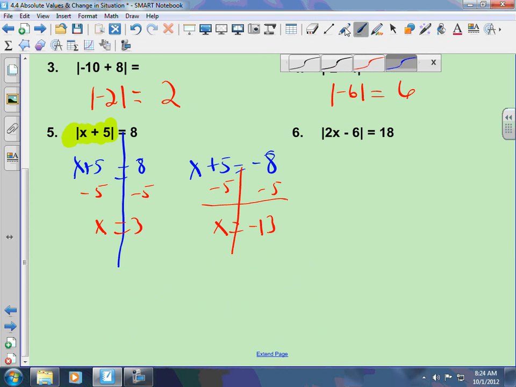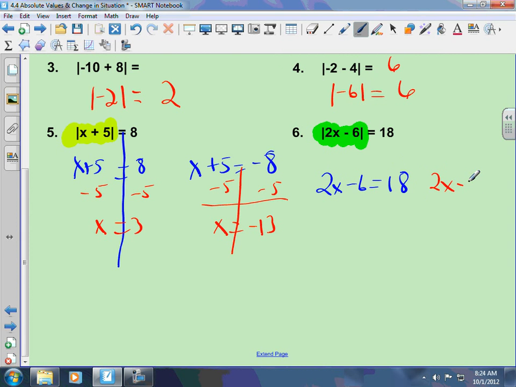Okay. Again, do you see anything outside of your absolute value bars that's on the same side as your absolute value? Yes or no? No. So all I do is I go 2x minus 6 equals 18, and 2x minus 6 equals -18.